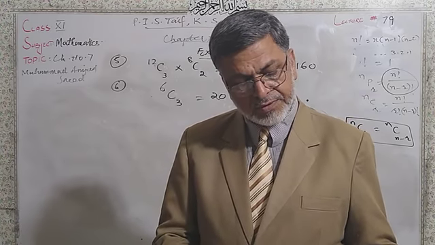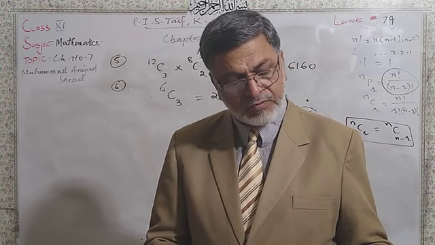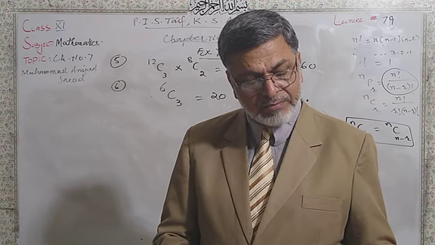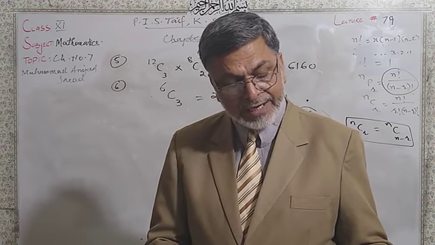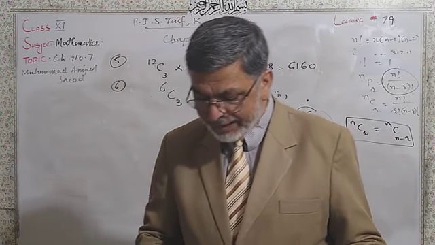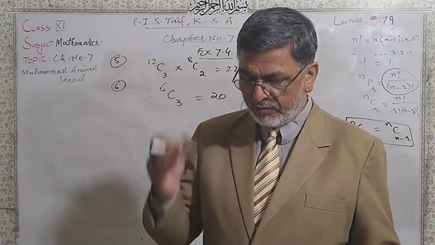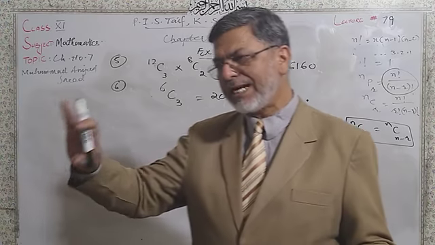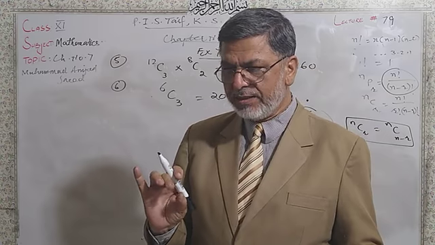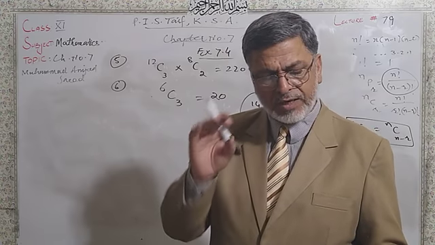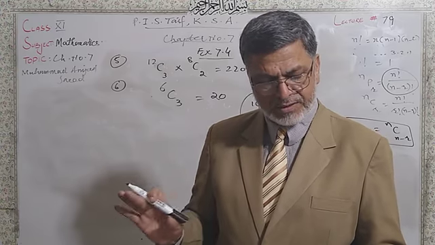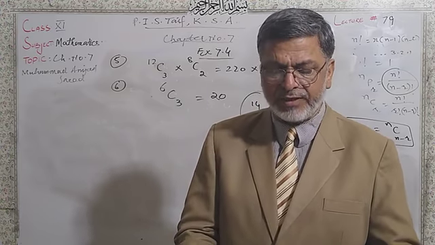Out of 10 women, 4 are taken. Then out of 8 men, 3 will be selected, because we have to make a committee of 7 members. 4 women selected means 10C4. Then how many men are left? Out of 8, 3 are to be selected. So in this way we can find this answer.